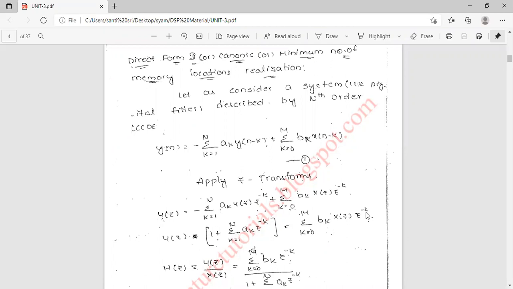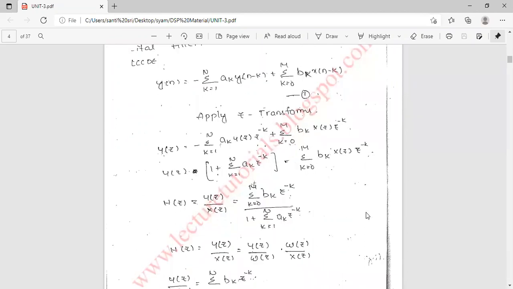So you can write the transfer function y of z by x of z, that is h of z, equal to sigma k equal to 0 to m b k into z power minus k by 1 plus sigma k equal to 1 to n a k into z power minus k, or h of z is equal to y of z by x of z.